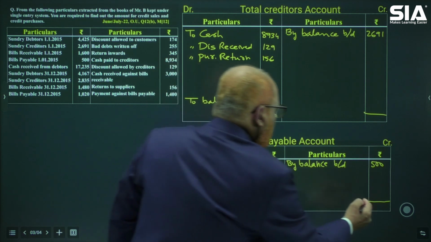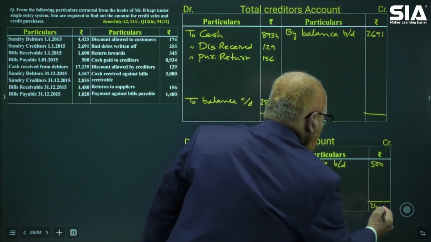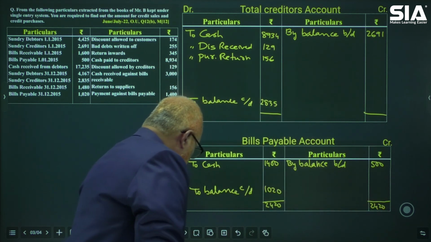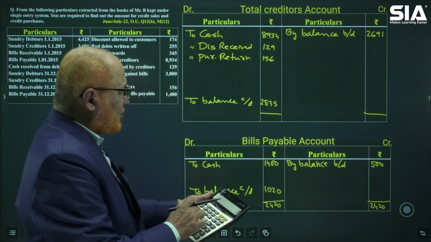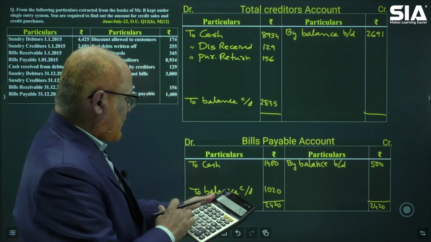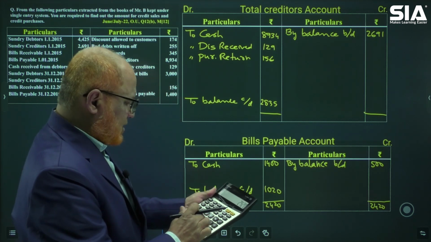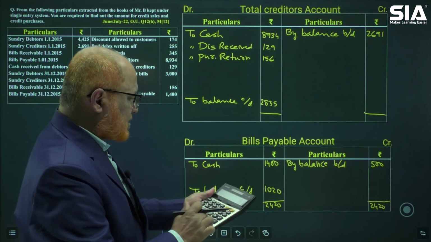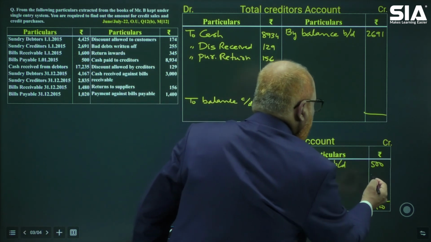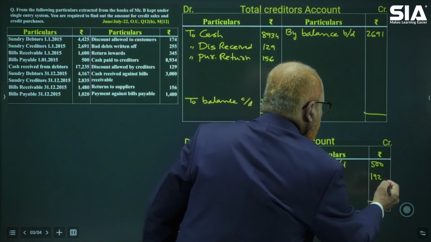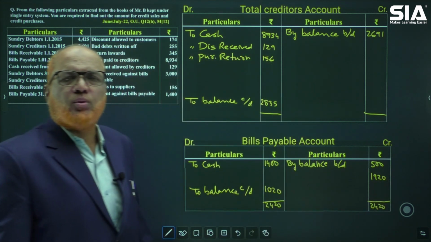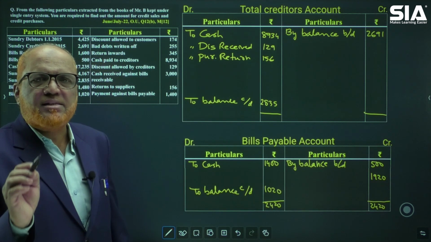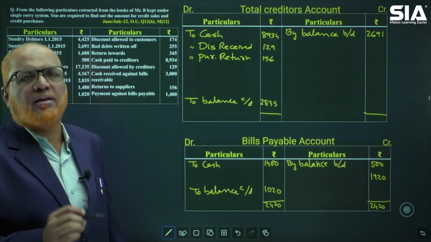Here also I am taking 2420 minus 500. It comes to 1920. What is this 1920? These are the bills accepted during the year.